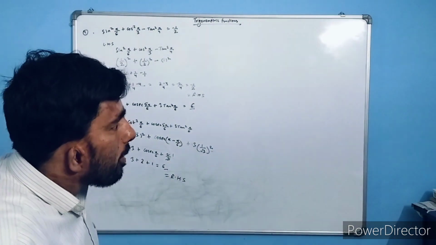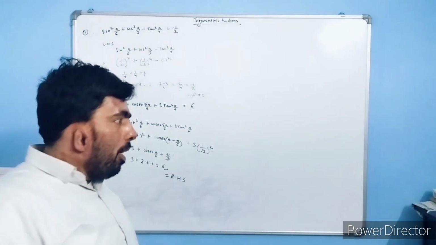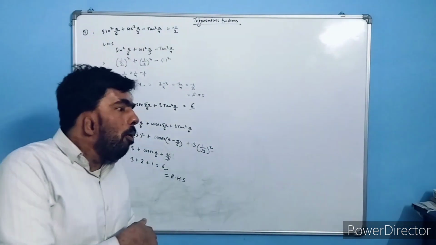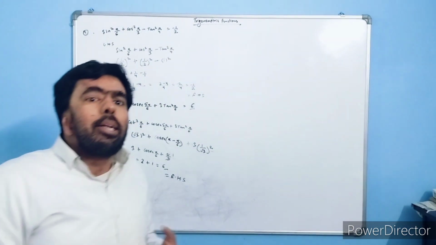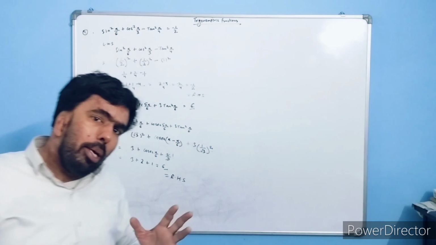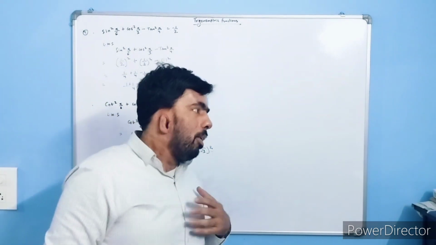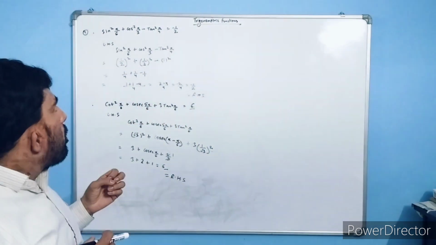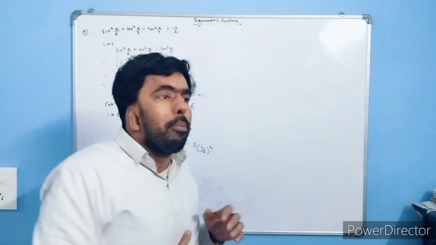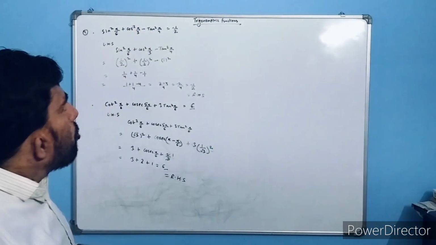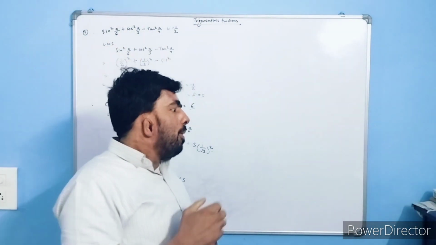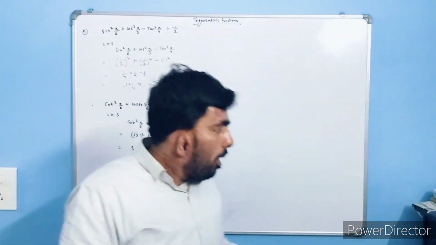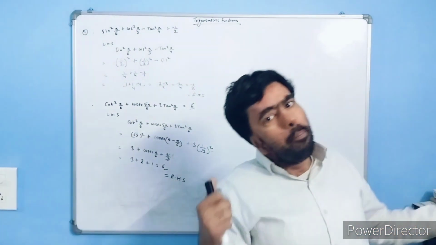Okay, now let us see more numericals and try to learn, practice more and more, because this chapter is my favorite chapter. Seriously, this chapter is a very unique chapter. Okay, now let us do more numericals so that we can easily clear this topic in our mind.